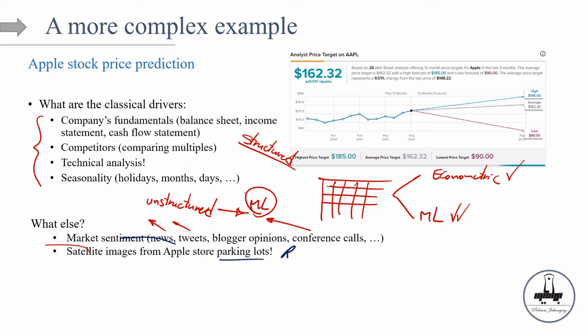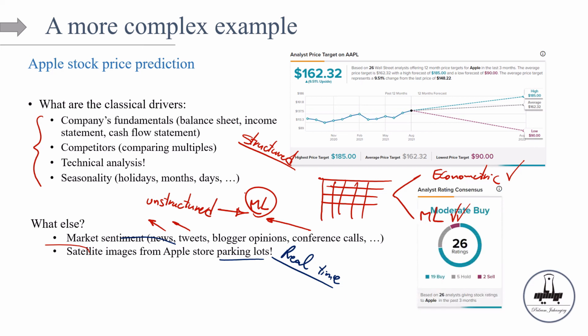This is important: in real time, or whatever delay the satellite images come with. So we are not going to wait a quarter for the quarterly data or for the conference calls to see what the sales were. We can see these numbers in real time. So this is more of a nowcasting thing, instead of forecasting. These are really interesting data that we know are all unstructured, and we have to use machine learning for that.